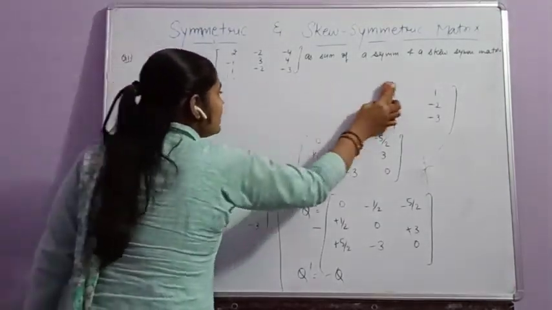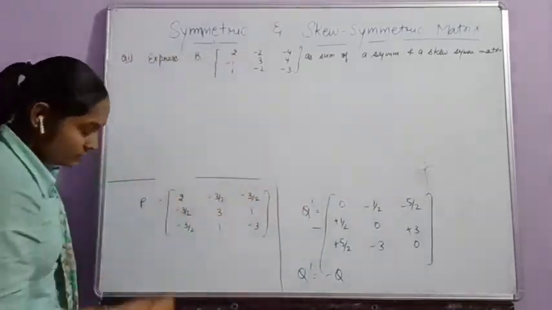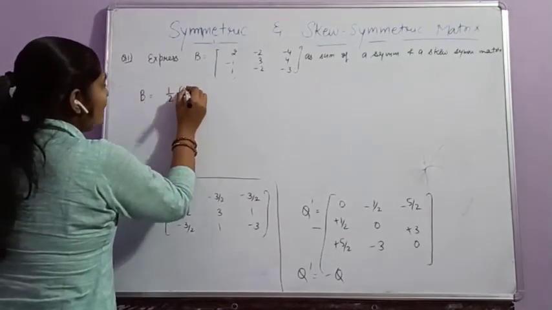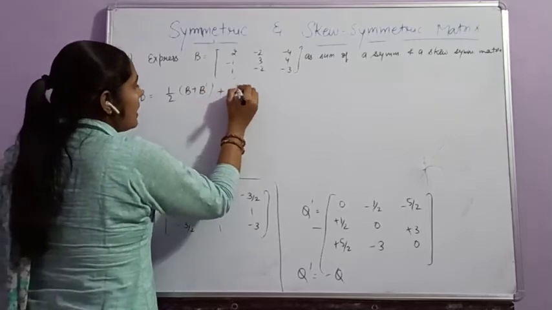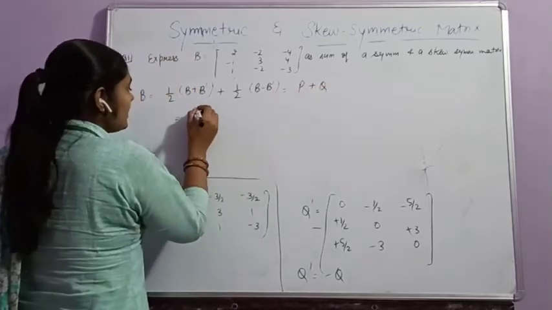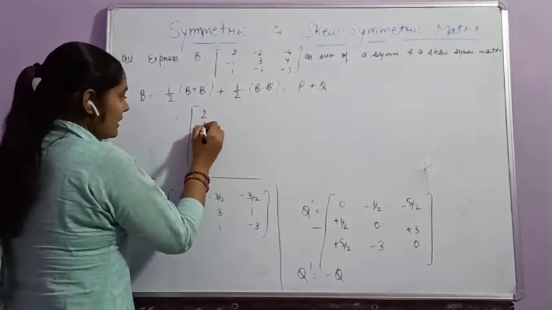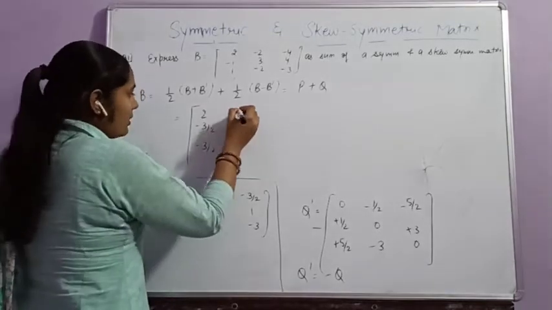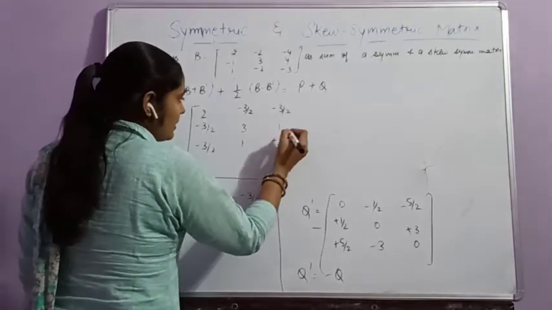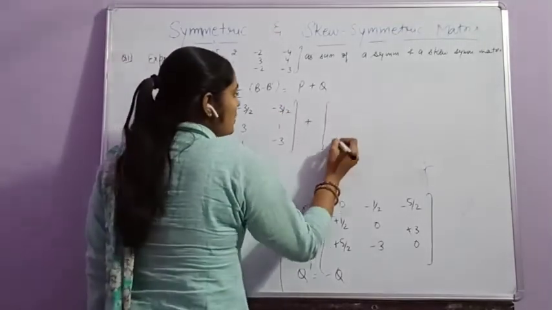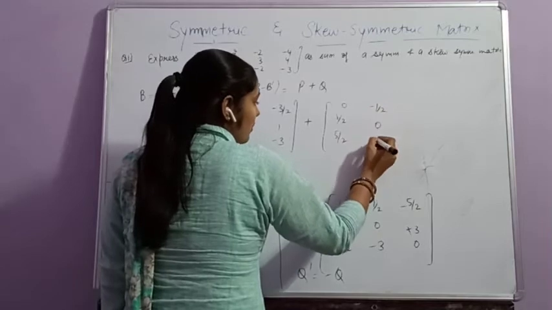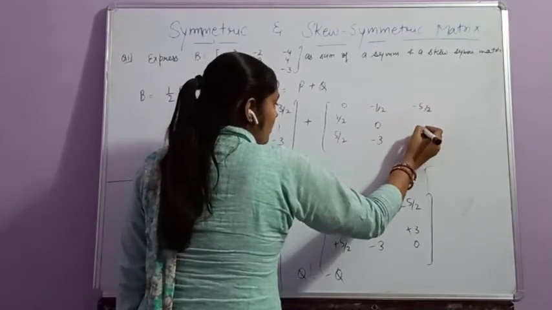So, B can be written as half of B plus B transpose, that is symmetric part, plus half of B minus B transpose, that is equal to P plus Q, that is equal to P is 2 minus 3 by 2 minus 3 by 2 minus 3 by 2 3 1 minus 3 by 2 1 minus 3 plus Q is equal to 0 1 by 2 5 by 2 minus 1 by 2 0 minus 3 minus 5 by 2 3 0.